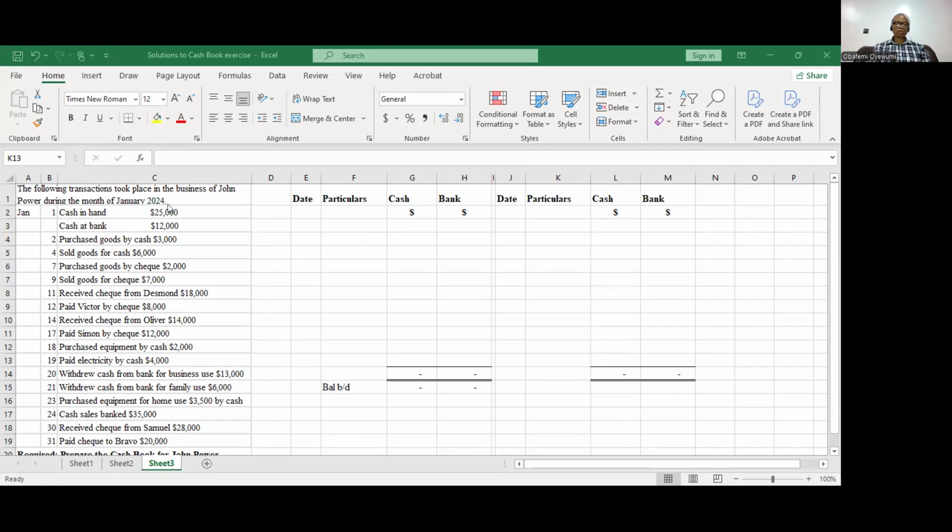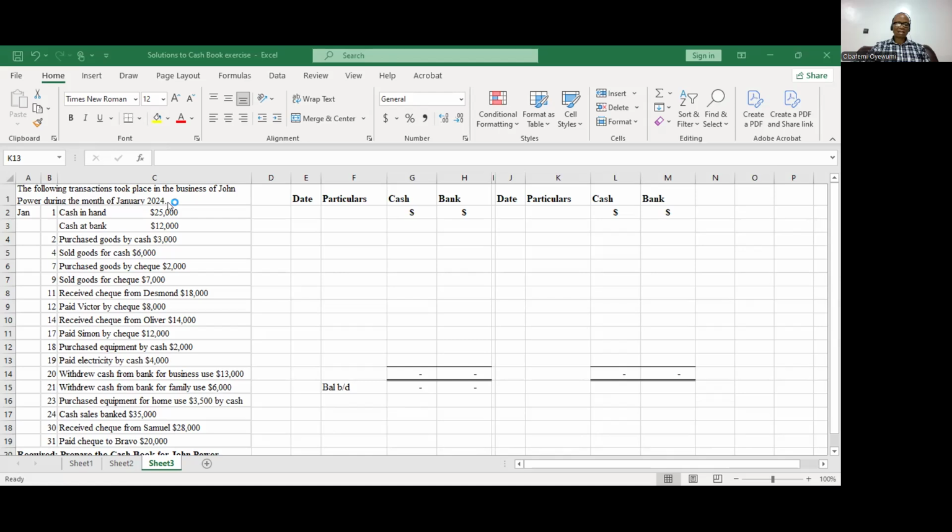So I want us to just pay attention, because we'll be looking at this particular example to have a good understanding of how to maintain a two-column cash book, as it were.